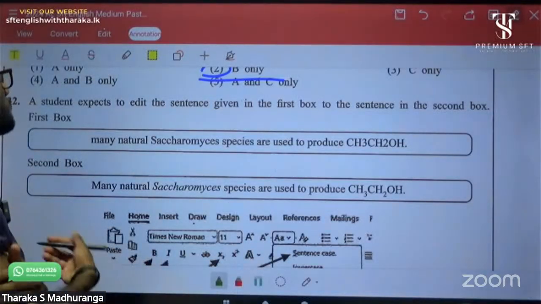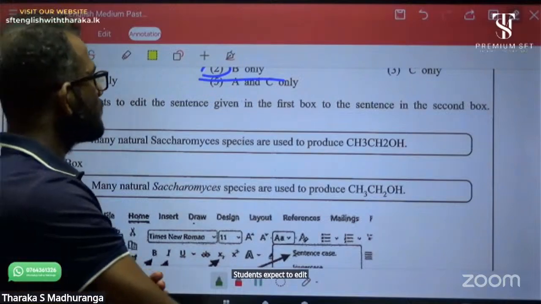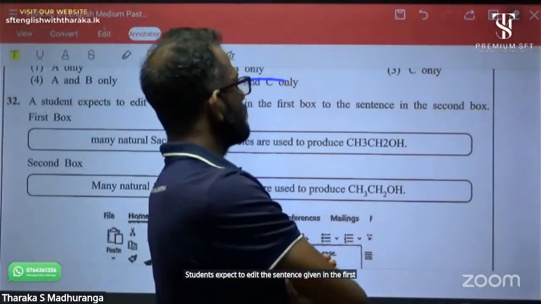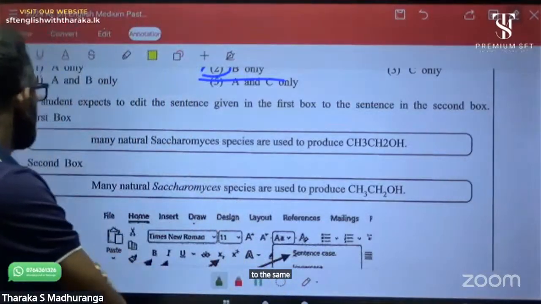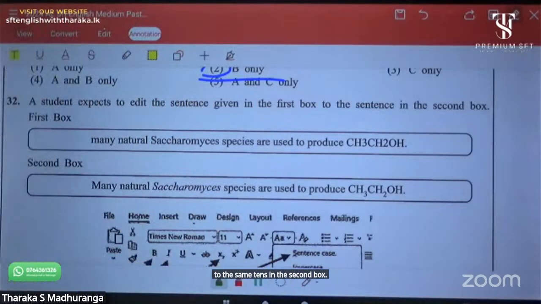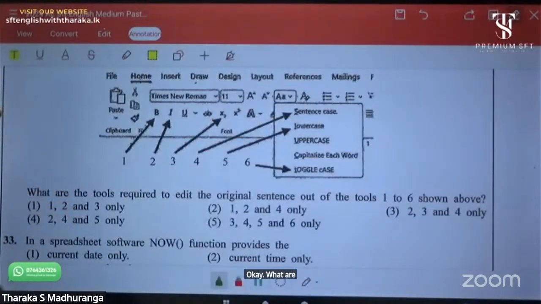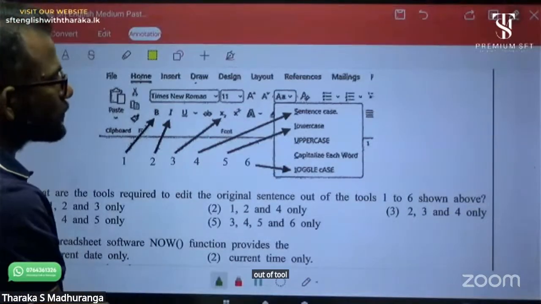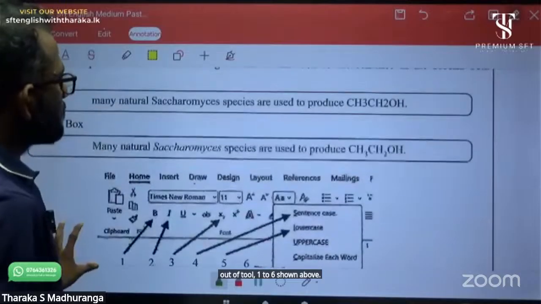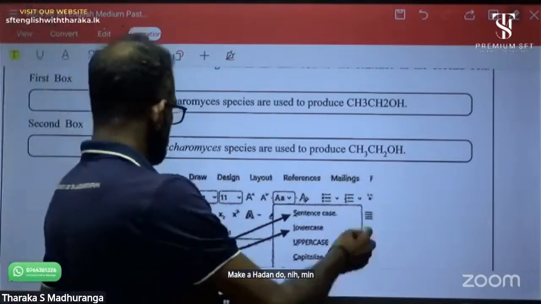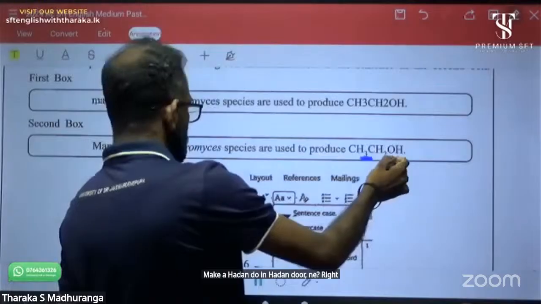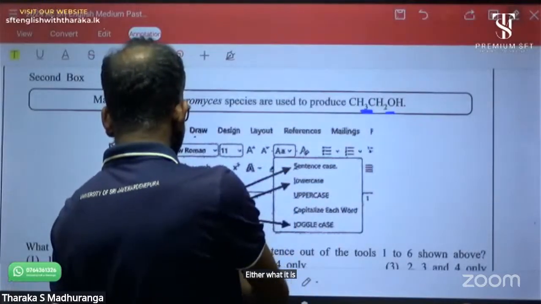Students expect to edit the sentence given in the first box to the sentence in the second box. This is the first box. What are the tools required to change the original sentence, out of tools 1 to 6 shown above? We need lowercase here, right? So tool 3 is required.